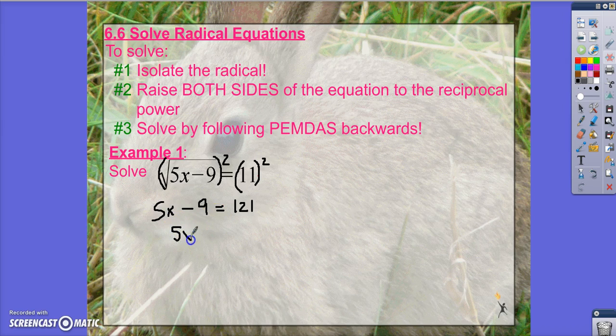We add 9 to both sides to get 5x equals 121 plus 9, which is 130. Then we're going to divide both sides by 5. We get x equals 26. And that's our final answer.